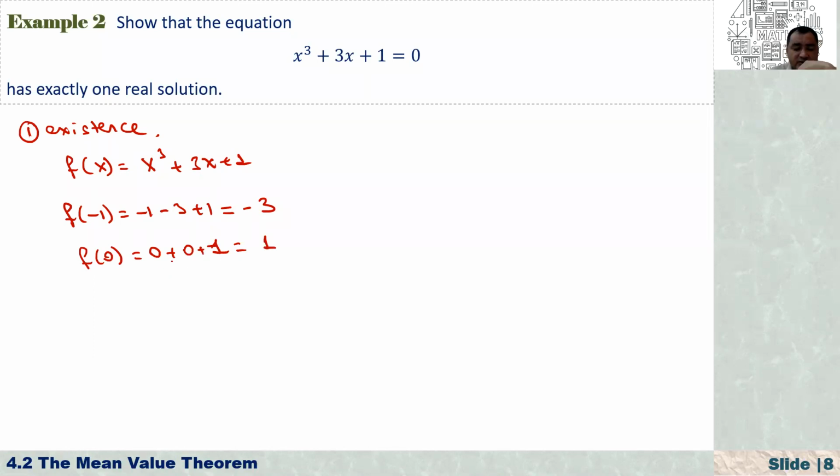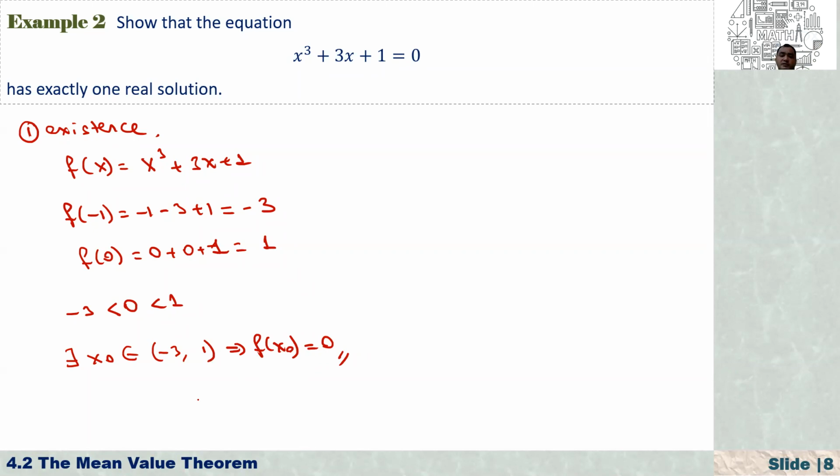So as you remember, the intermediate value theorem says that since the value of the function at negative 1 is negative 3 and at 0 is 1, and we know that 0 lies between negative 3 and 1, then by the intermediate value theorem there exists at least one value over the interval, sorry, not negative 1, it is 1, where f of x sub 0 is equal to 0.